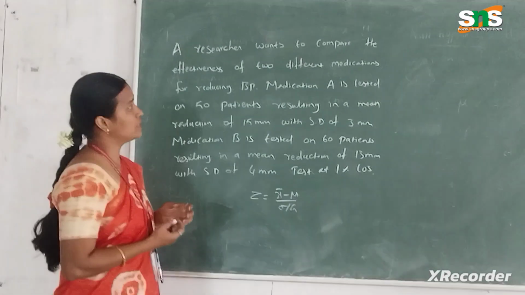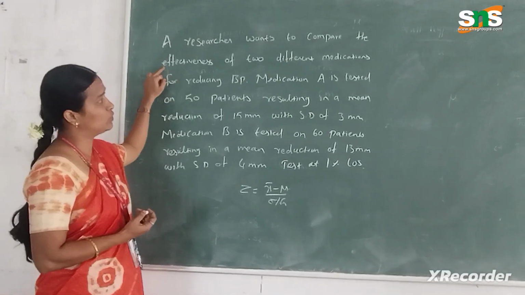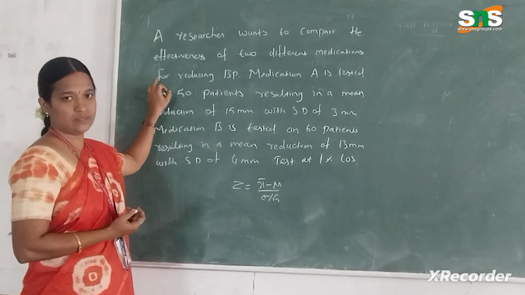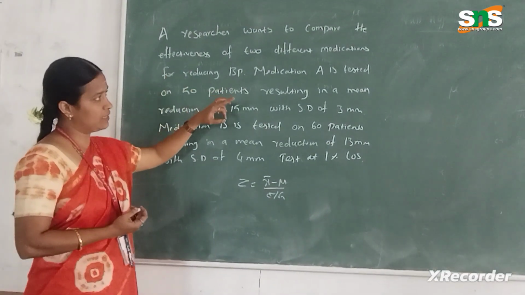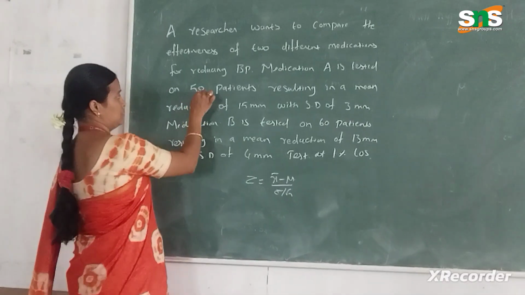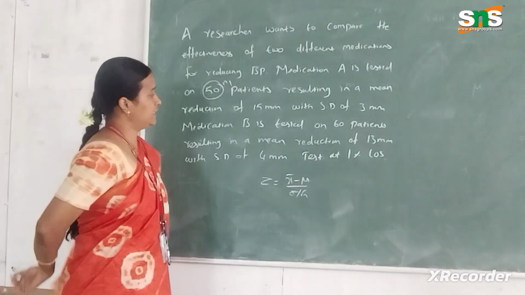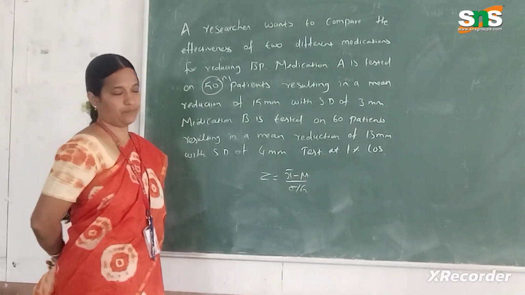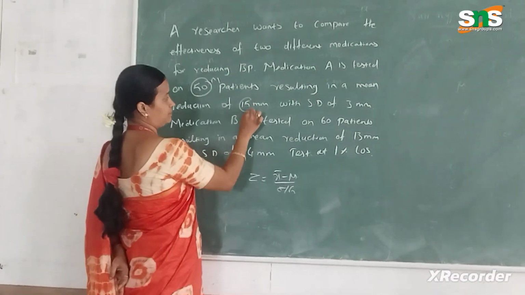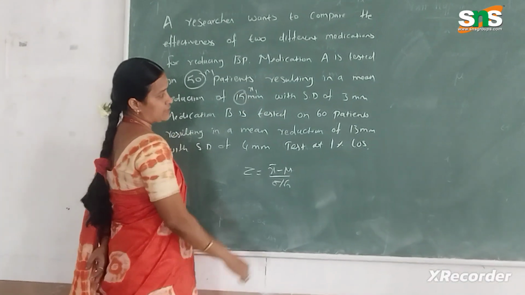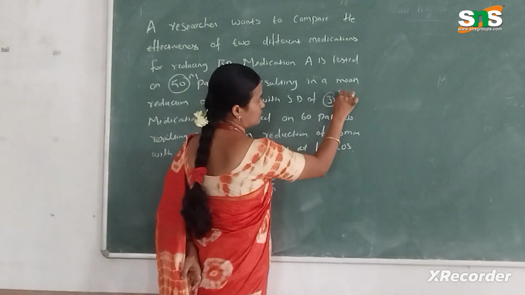A researcher wants to compare the effectiveness of two different medications for reducing blood pressure. Medication A is tested on 50 patients. So this is our sample size n1, resulting in a mean reduction of 15 mm. This is our x1 bar, with a standard deviation of 3 mm. This is sigma 1.